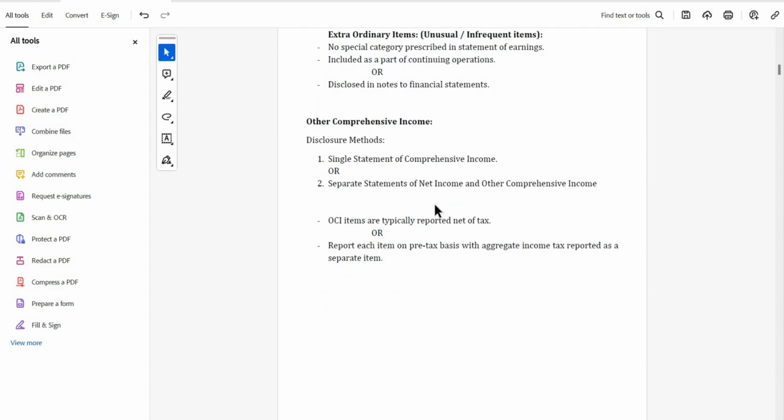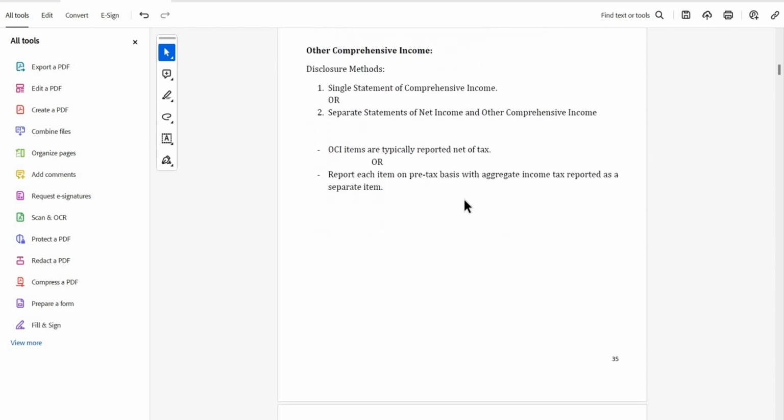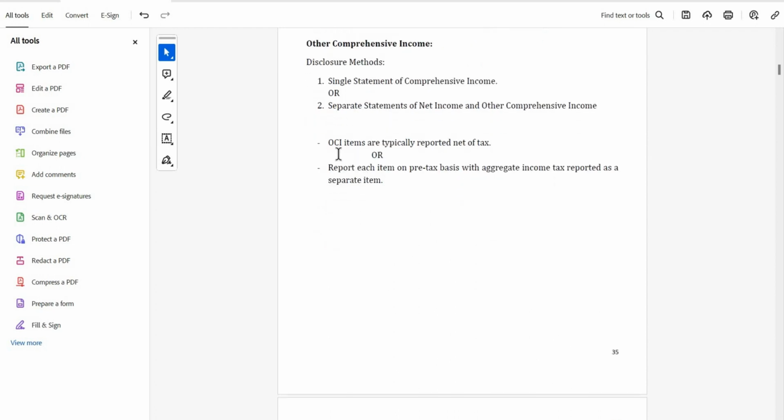Other comprehensive income: for other comprehensive income we have disclosure methods, that is, a single statement of comprehensive income or a separate statement of income and statement of other comprehensive income. OCI items we will study all this later.